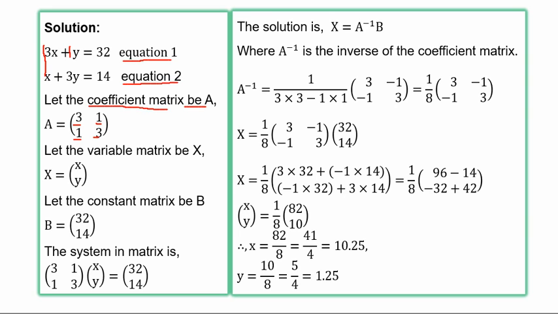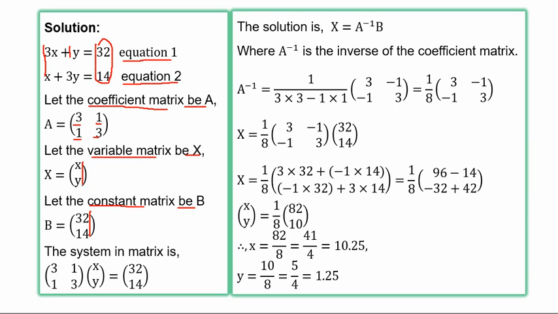The next matrix is the variable matrix denoted by S. The variables you want to solve for, s and y, in column form. The third matrix is the constant matrix denoted by B. That is the right hand side of the equations, 32 and 14, also in column form.